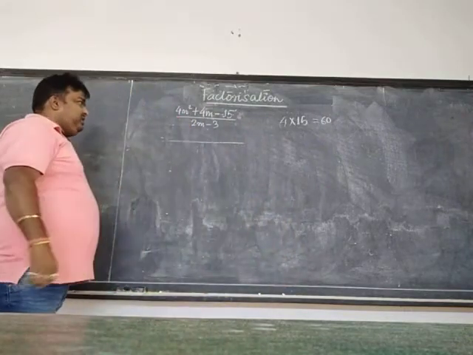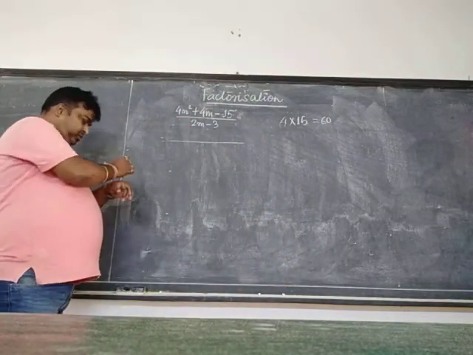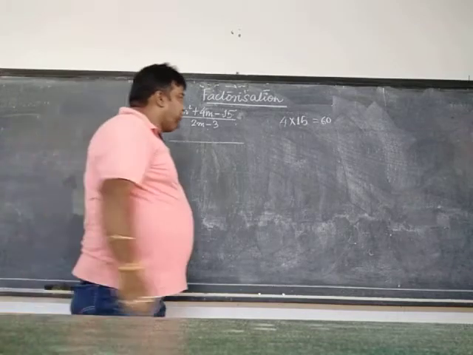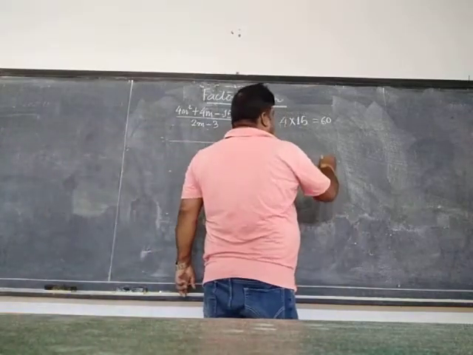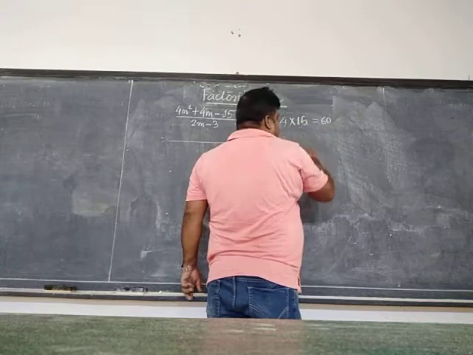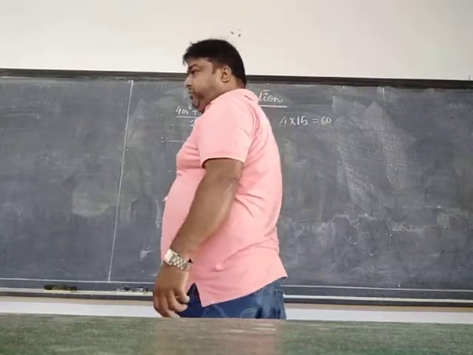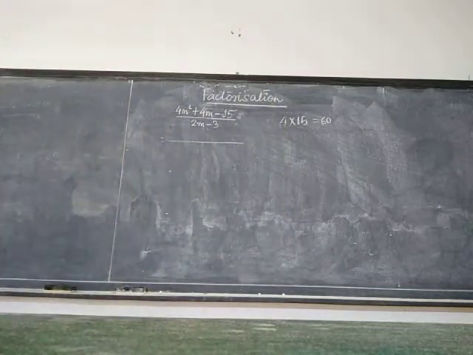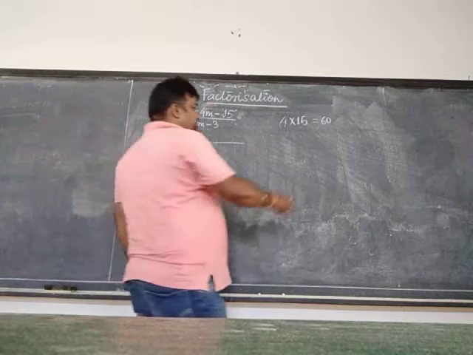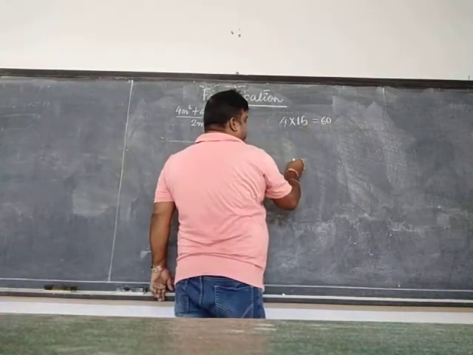Now 60 is there, then how many ways we can get the product 60? One, so 4 15 60.